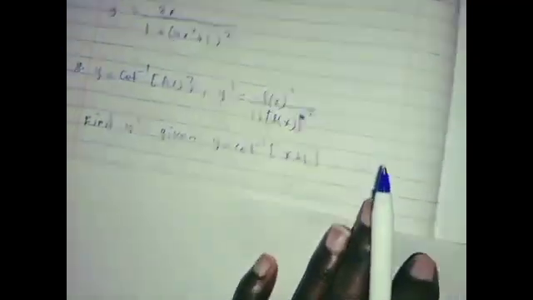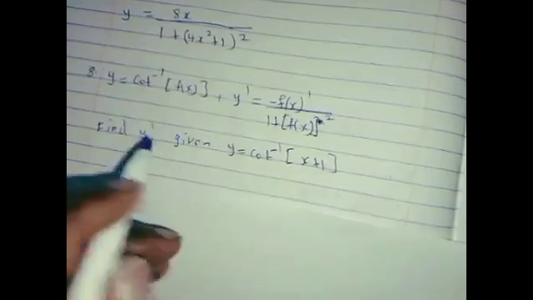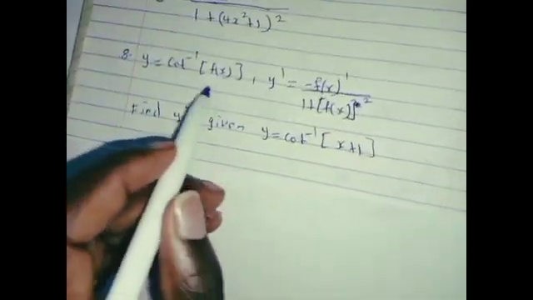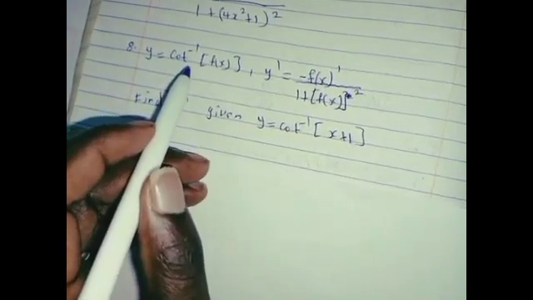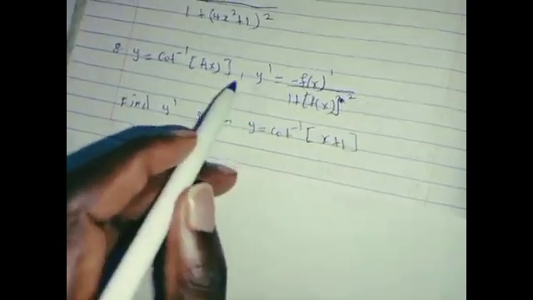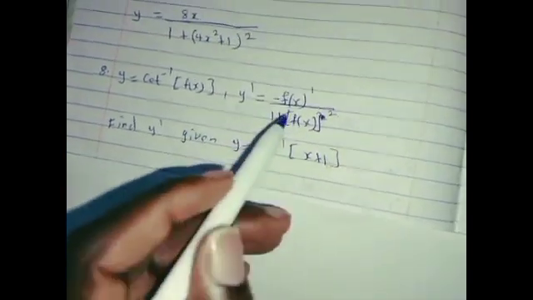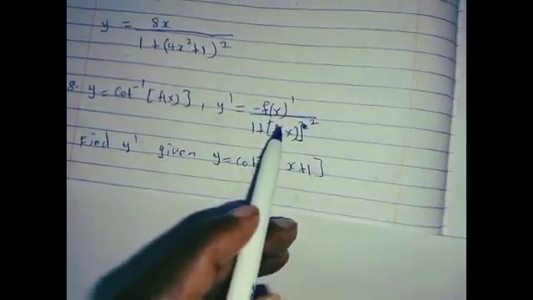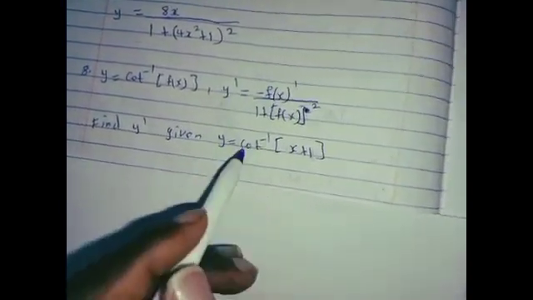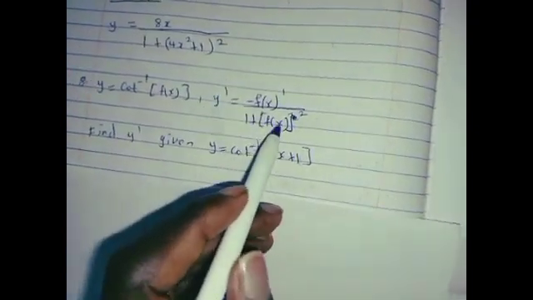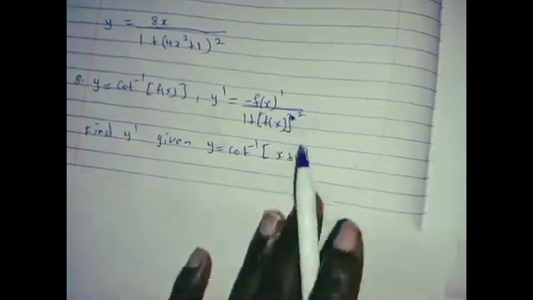Number 8. You are told, when given y is equal to cot inverse of f of x, you are to obtain y prime. To obtain y prime, we are going to have negative f prime of x divided by 1 plus bracket f of x, you square everything.